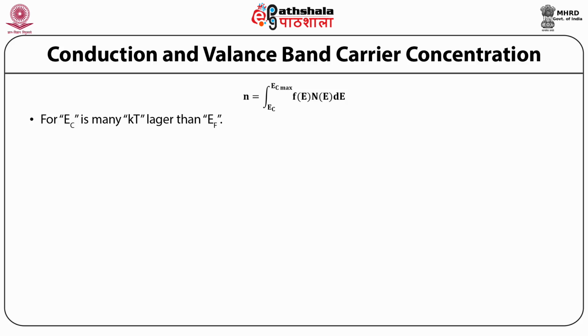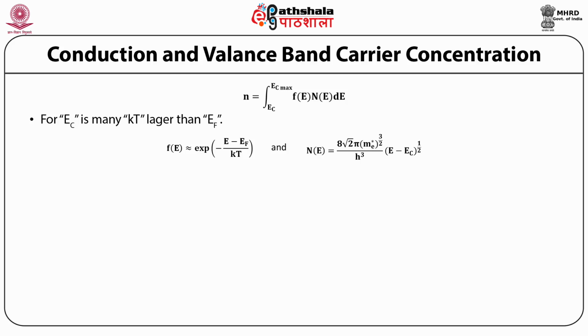The expression of F as a function of E for the conduction band can be written as F(E) is approximately equal to exponential of minus (E minus EF) by kT.